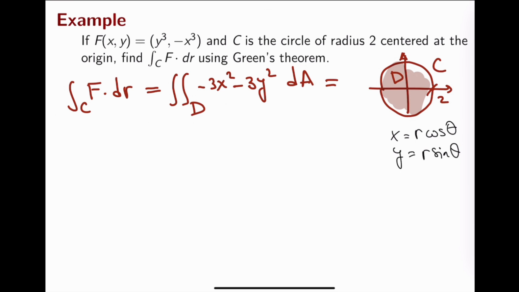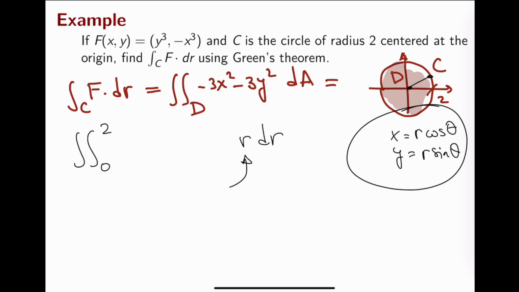So then this integral is going to be equal to the integral where the variation of r will be from 0 all the way to 2, right? So that will be from 0 to 2 r dr. This is the r belonging to the change to polar coordinates.